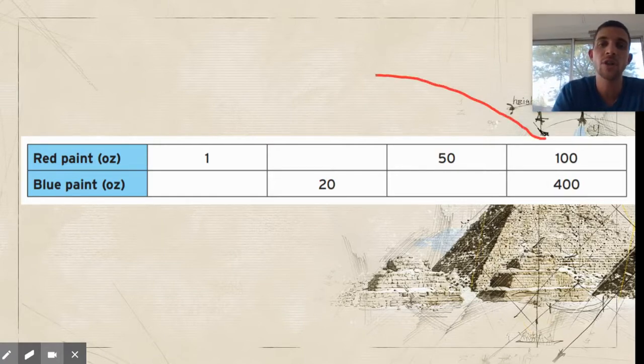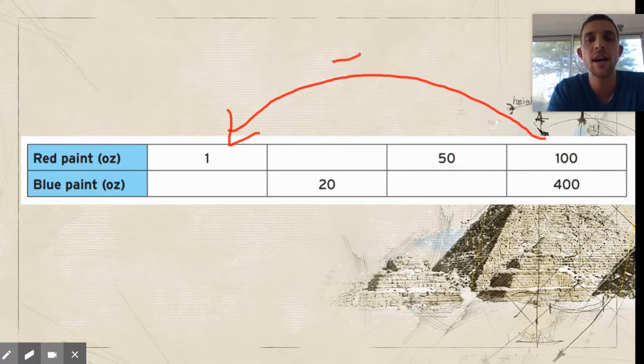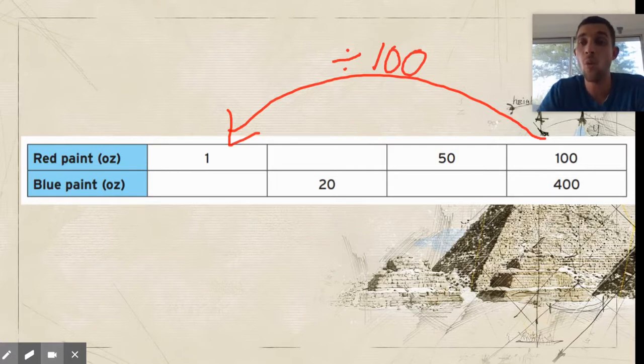Let's go from 100 down to 1. How do I divide to get 1? If you remember back from multiplication, this is super easy. You just divide by the same number. So 100 divided by 100 is 1.